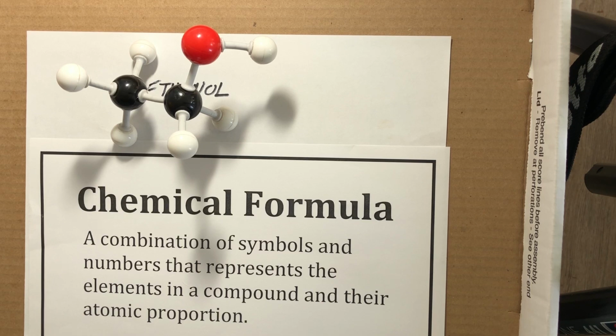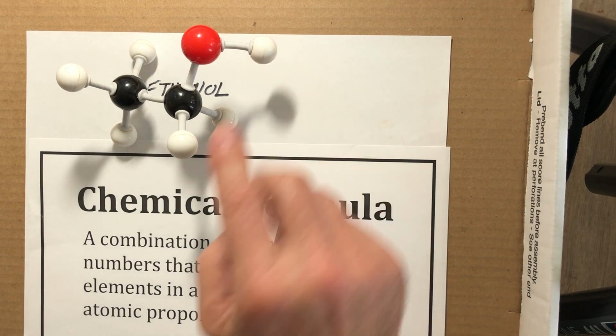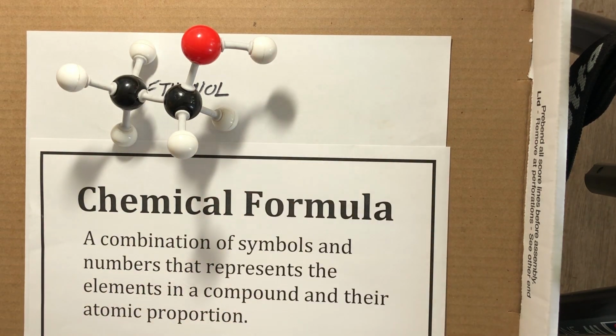Those colors are conventional in some ways, but they're arbitrary. But you often see those colors for those elements. And you often see hydrogens represented by the smaller size because it's a very small atom with just one proton in it. So ethanol.